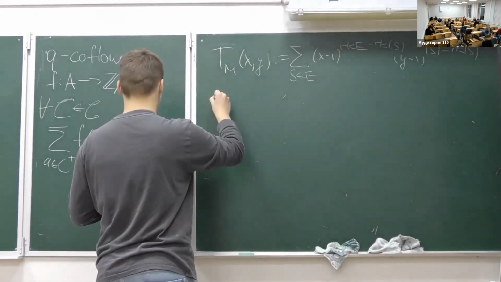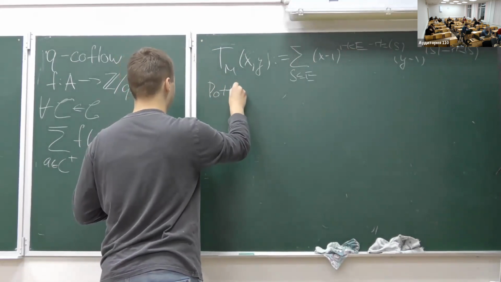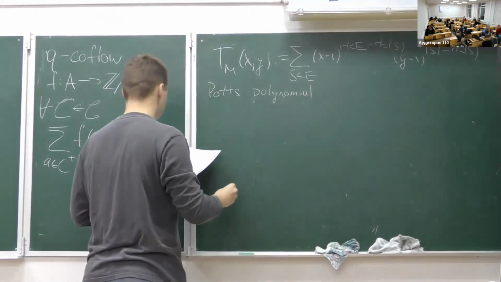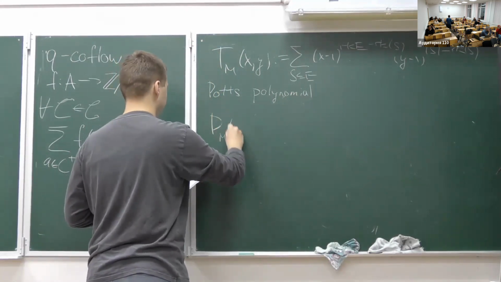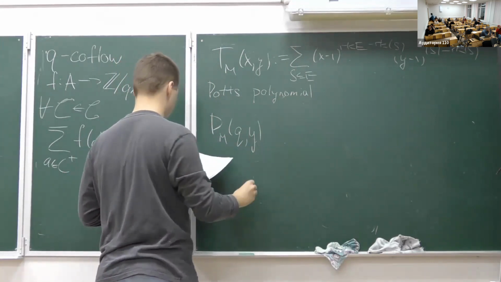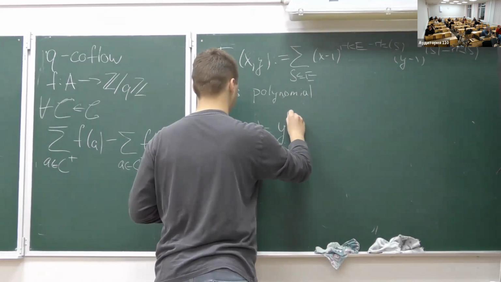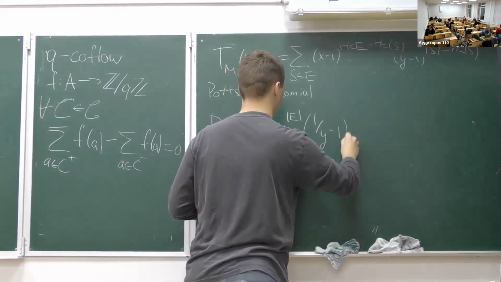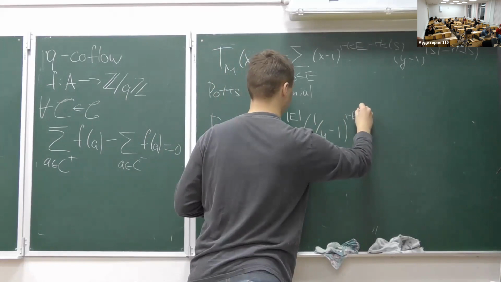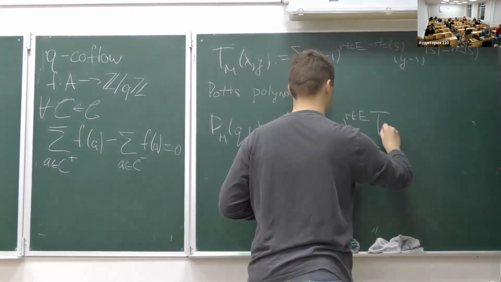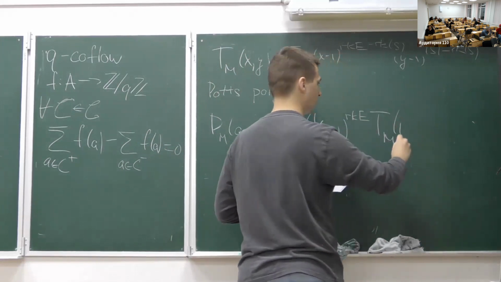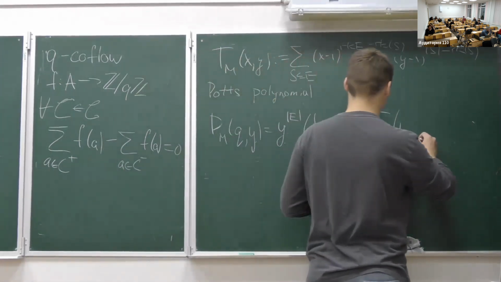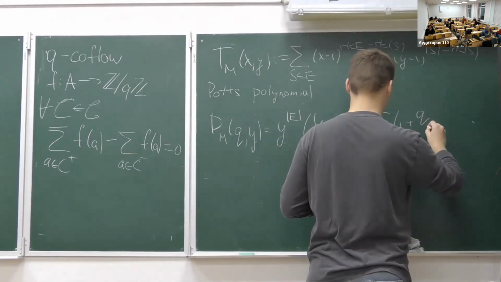And what's the Potts polynomial? Can everybody see the screen?